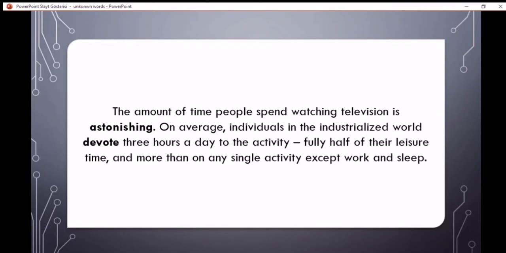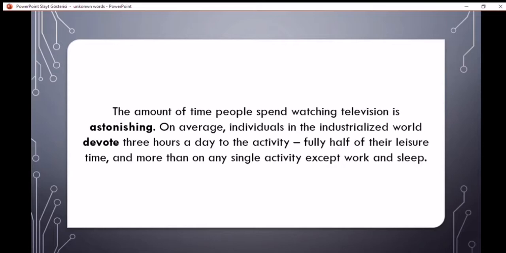The amount of time people spend watching TV is astonishing. So the bold ones are the ones that I think might be problematic for an average English speaker, maybe a little bit above average English speaker or learner. So astonishing is an adjective here, right?